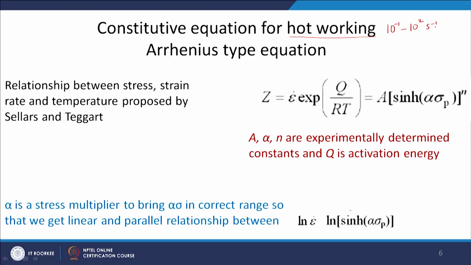So, you should not consider that there is only one model, there are multiple models to relate the stress with these three parameters. Okay. So, in this particular regime we are going to discuss this Arrhenius type equation, okay, which relates the stress as a function of temperature with an exponential term.